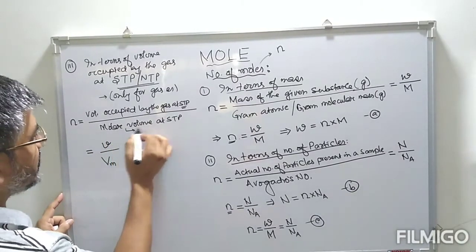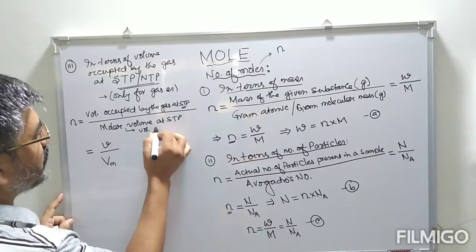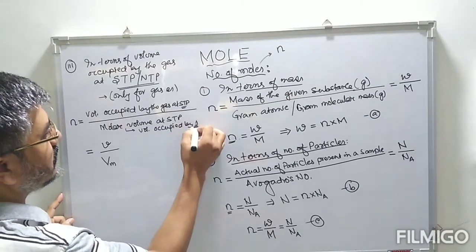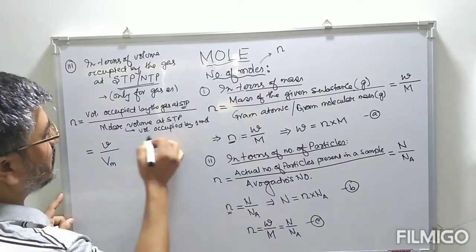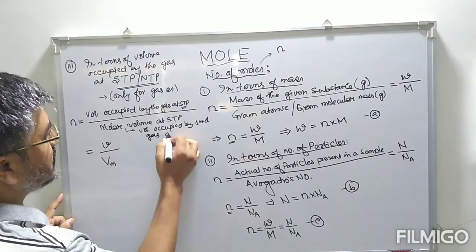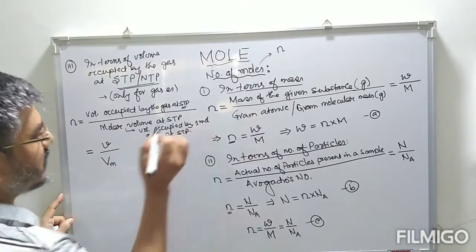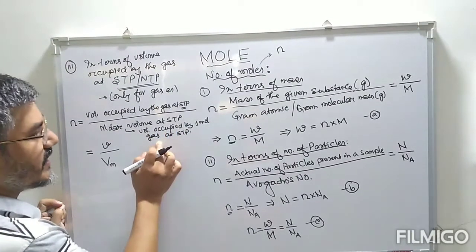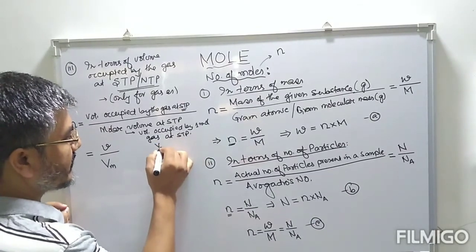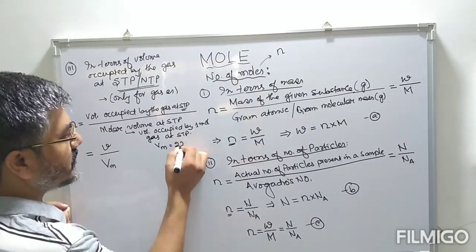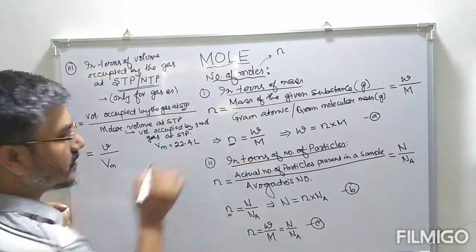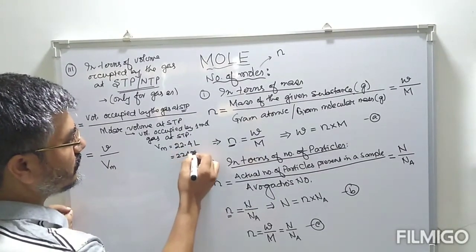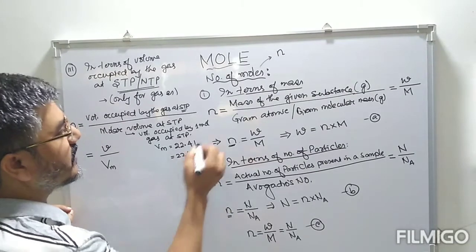So this molar volume is the volume occupied by 1 mole of gas at STP. This volume occupied by 1 mole of a gas at STP is always a fixed quantity, which is equal to 22.4 liter or 22,400 ml.